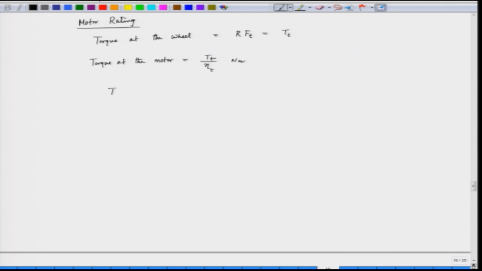So, Tm, the torque per motor, is given as the total torque divided by the number of motors, and that is equal to R Ft divided by the transmission efficiency into N, and the unit is Newton meter. So, eta T is the transmission efficiency. So, this is the torque which is seen by the motor.